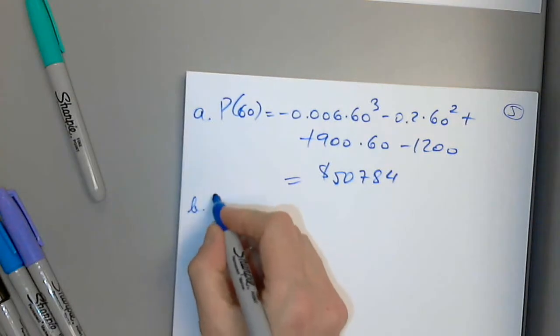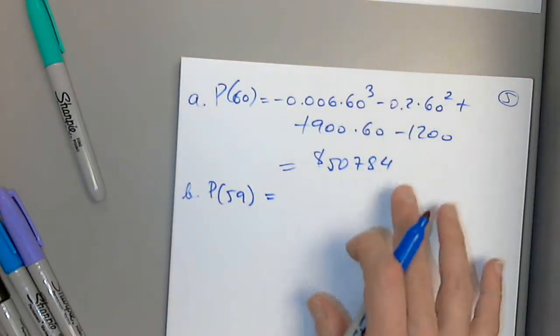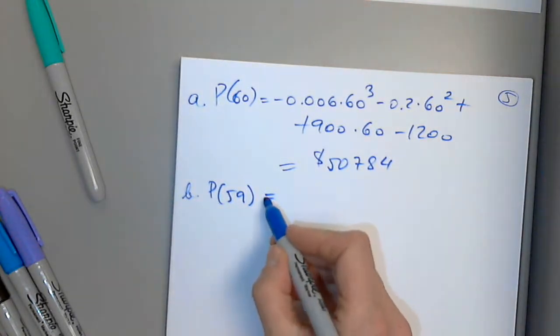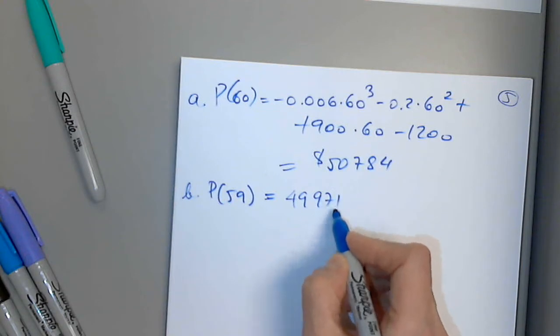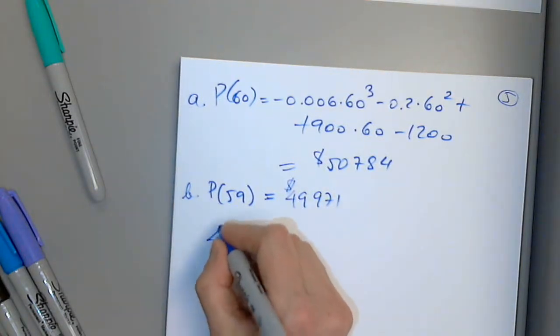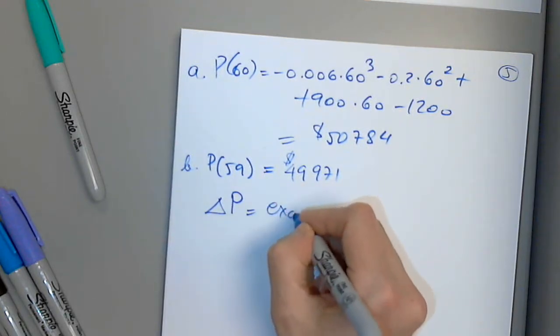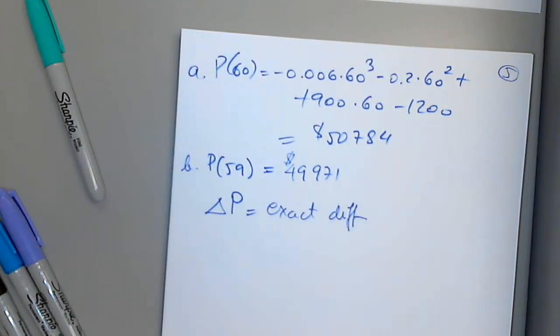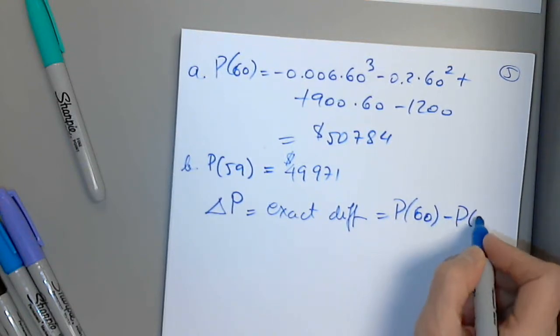So I have to find P of 59. Just replace 60 with 59 all the way. How much is that? 49,971. And delta P is the exact difference, and that will be P of 60 minus P of 59.